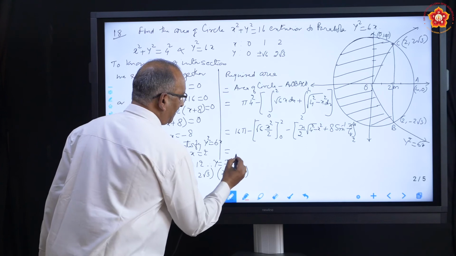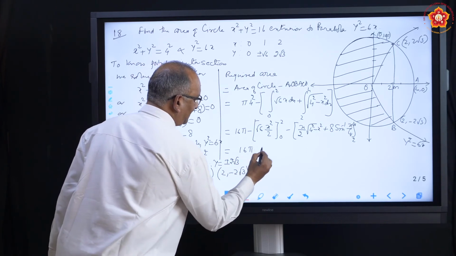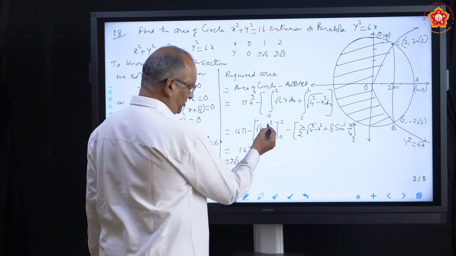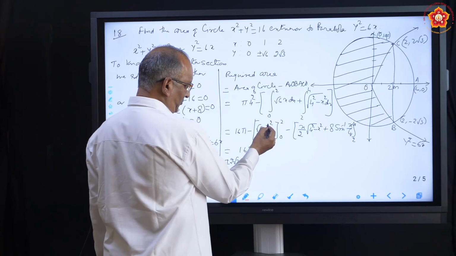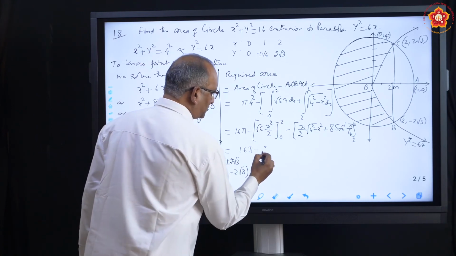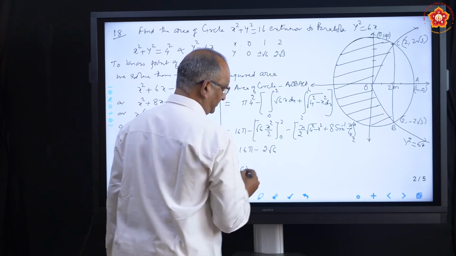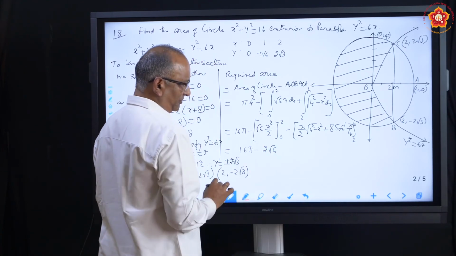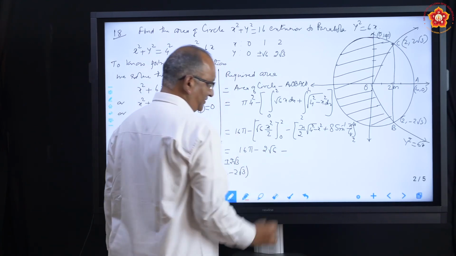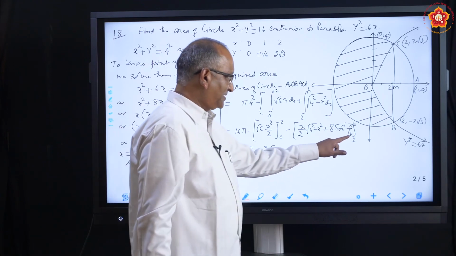Simplify, it is 16 pi minus, substitute the upper limit, 2 square is 4, 4 by 2 is 2, so it is 2 root 6. 0 if you substitute it will become 0 minus, the limits are 2 to 4.